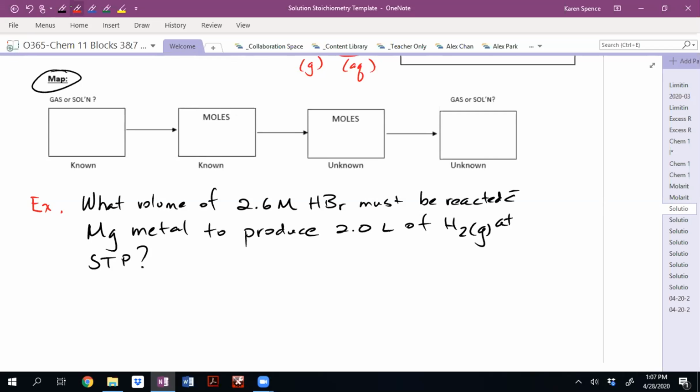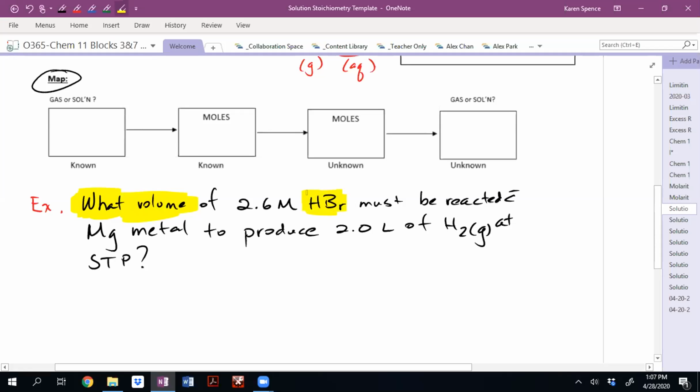Okay, I got one person venturing a guess. Let's look for our question word. Here's our what. We are looking for what volume, and what are we looking for the volume of? Yes, the volume of the HBr.